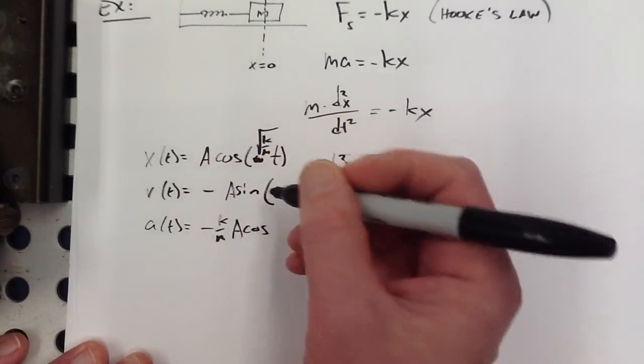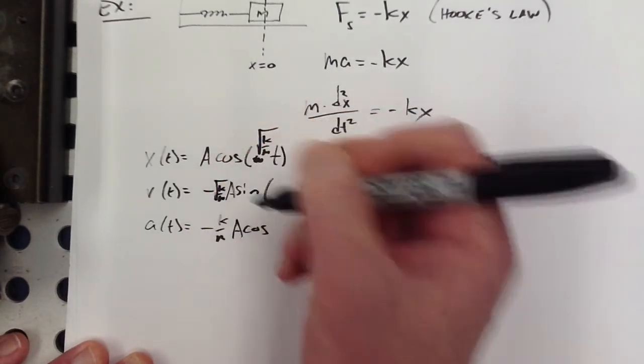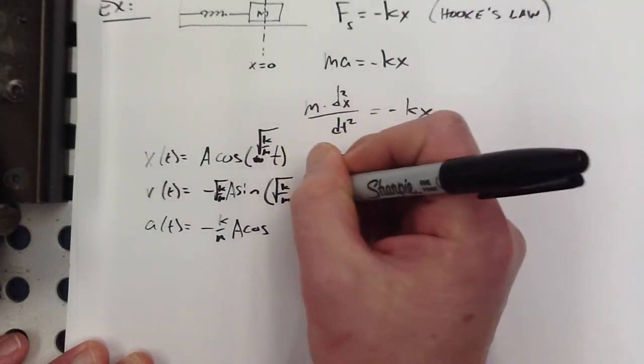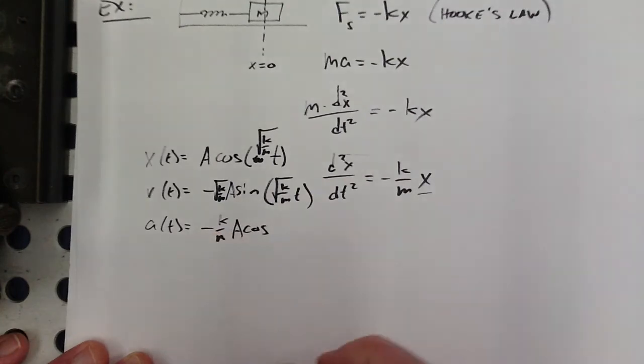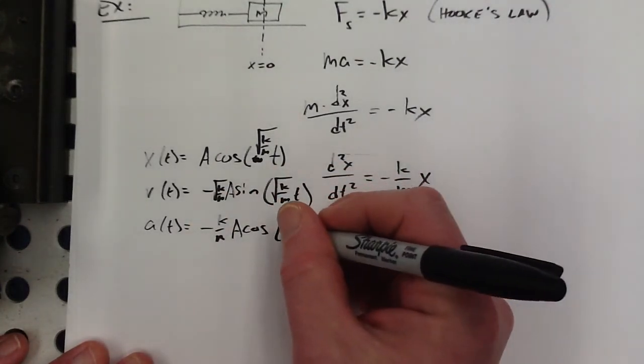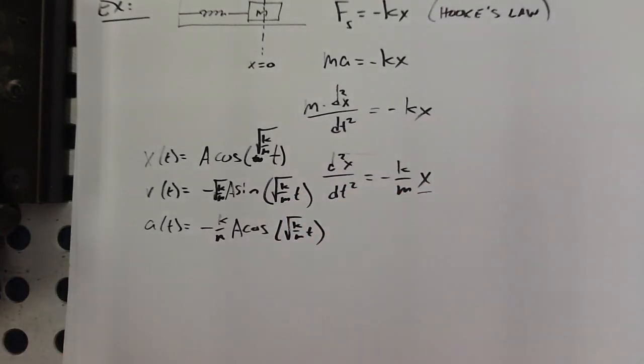Because then, when you take the derivative once, you get the square root of k over m, and then when you do it again, the chain rule happens again, and you get k over m, because you multiply by that again. So that's how that works.